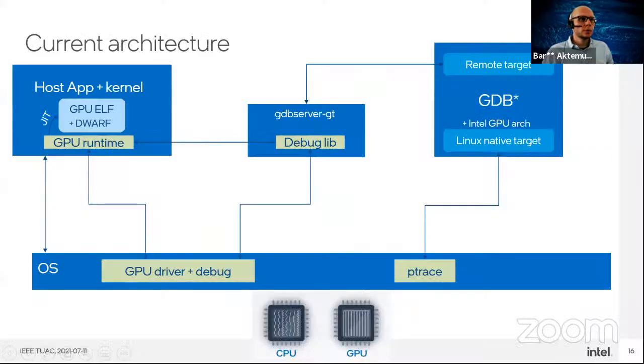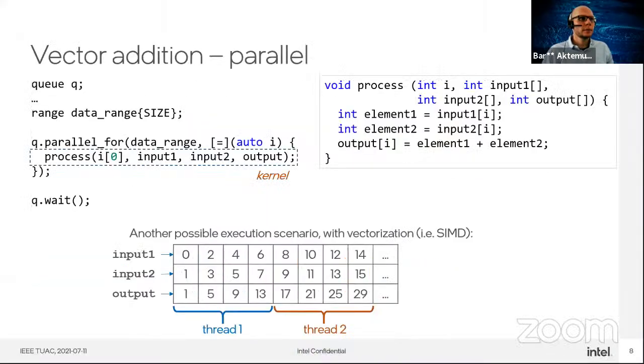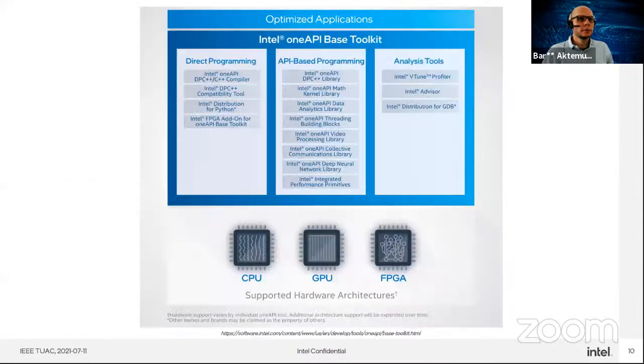I would like to go back. So here on the slide, in the direct programming box, there is the Intel DPC++ Compatibility Tool. This is a tool that can assist programmers to migrate their CUDA code to DPC++. It's not 100% migration, but it assists the migration greatly.